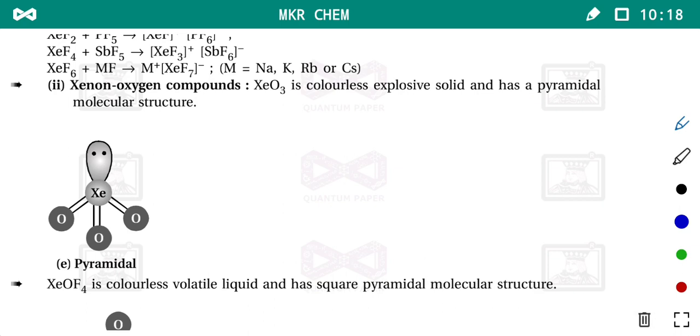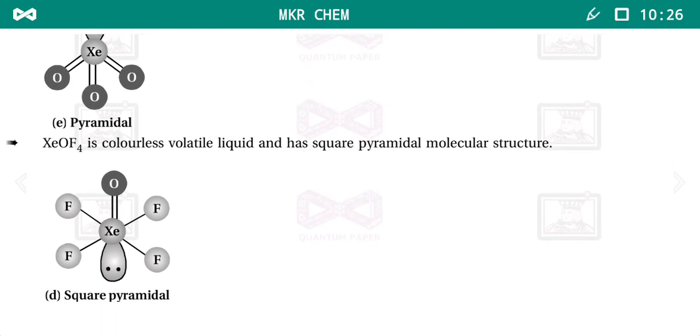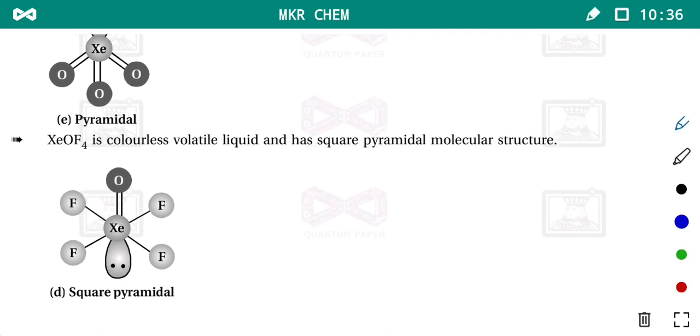So let us discuss the last one, XeOF4. See the shape. 6 bond pairs are there, and one lone pair is there.